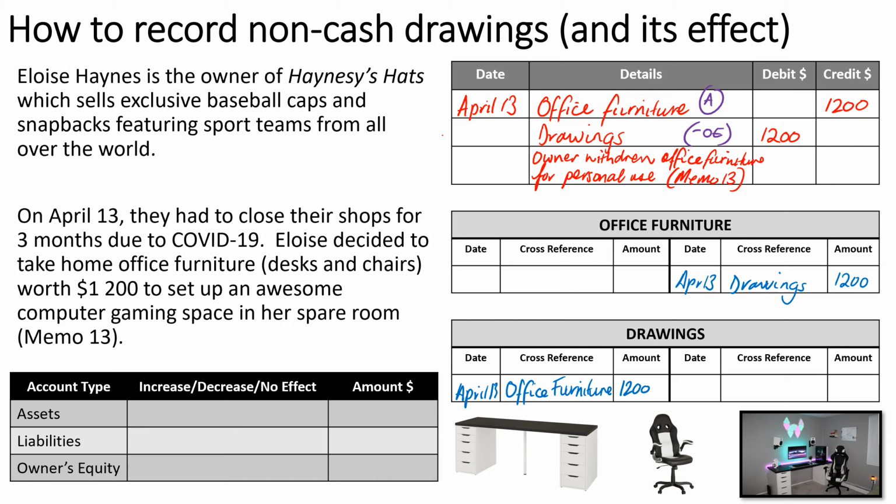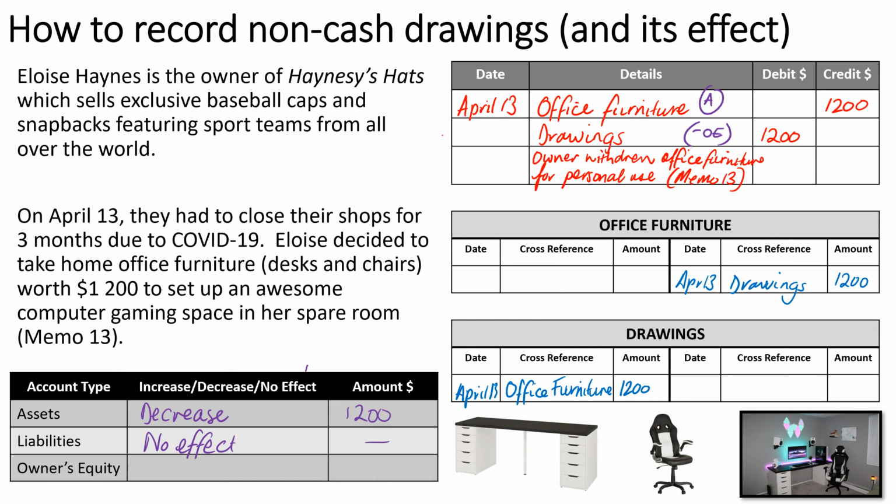So that means straight away I can see that there's going to be no effect on liabilities. So I write no effect and I put a dash, or I can simply say 0 in the amount column. Office furniture is going down, so we know that that is going to be an overall decrease of assets, and that's going to be of $1,200.